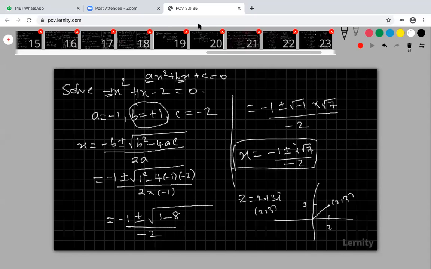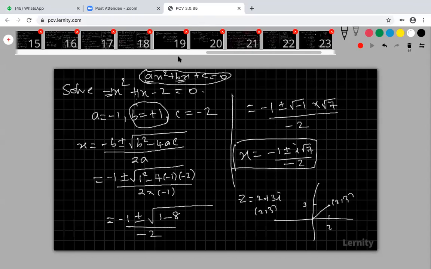My b is equal to plus 1. Are you understanding now? My b is equal to 1. Very good. So this is the general form, and I'm comparing the coefficients from the general form and the given equation. Based on this, I'm writing my a, b, c, everything.